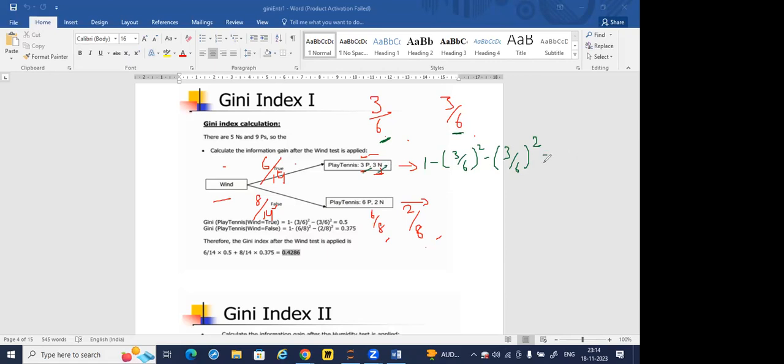Okay, one can calculate the value. After calculating, it is giving the value of 0.5. Then one is calculating 1 minus the value of this one, 6 being positive.